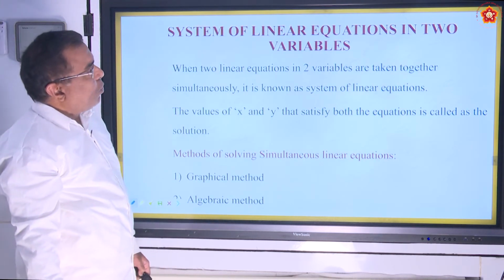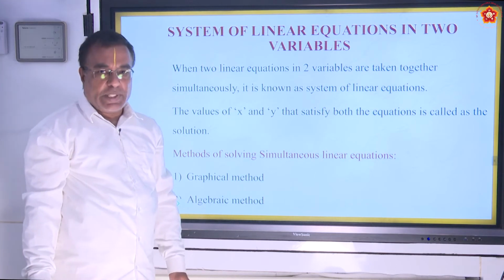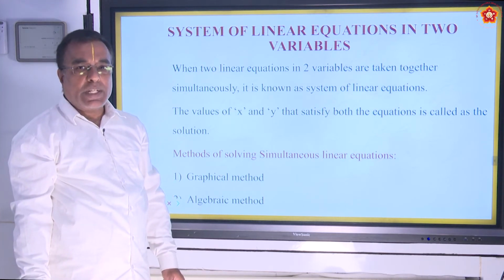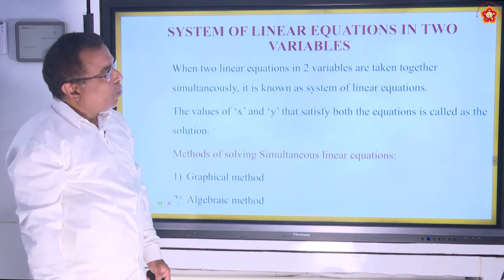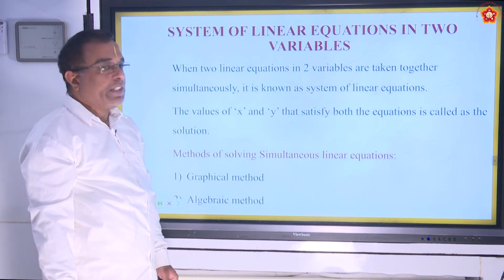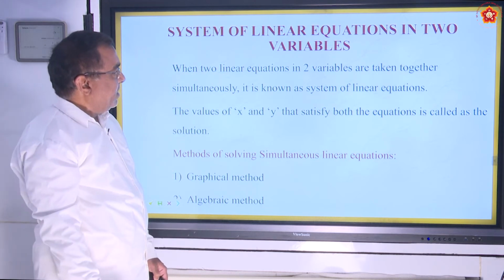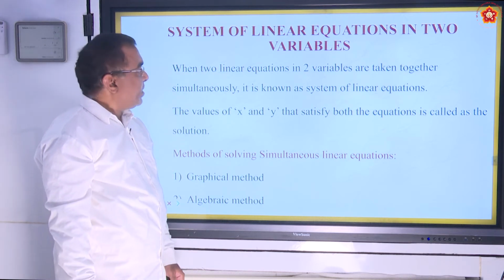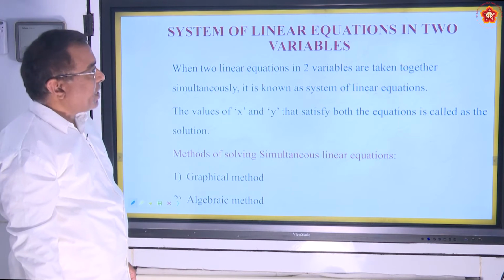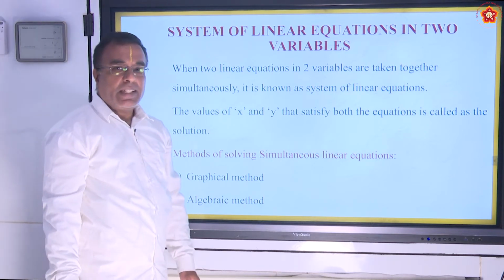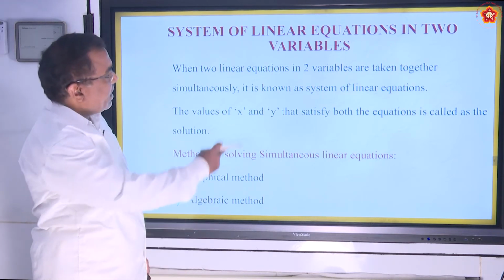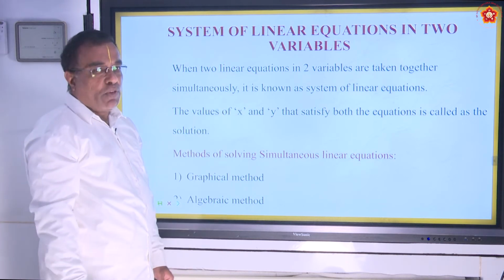Now let us see what is meant by a system of linear equations. Earlier we had seen what is a linear equation. Now, what is meant by a system of linear equations in two variables? So this is the definition. When two linear equations in two variables are taken together, simultaneously, then it is known as a system of linear equations.